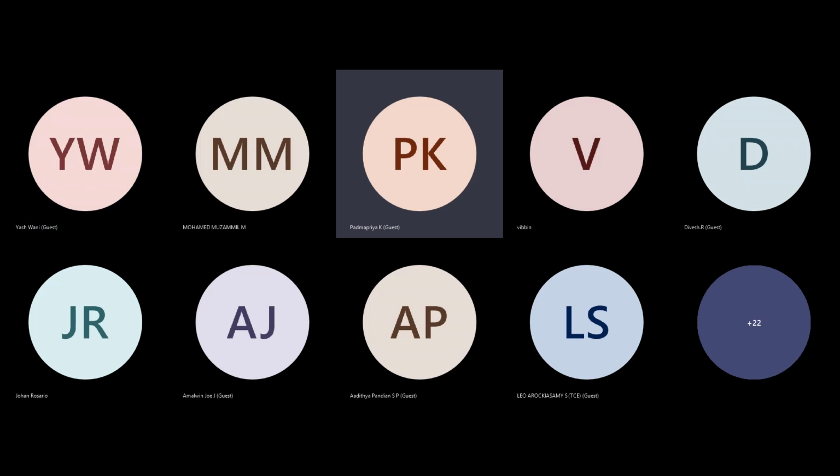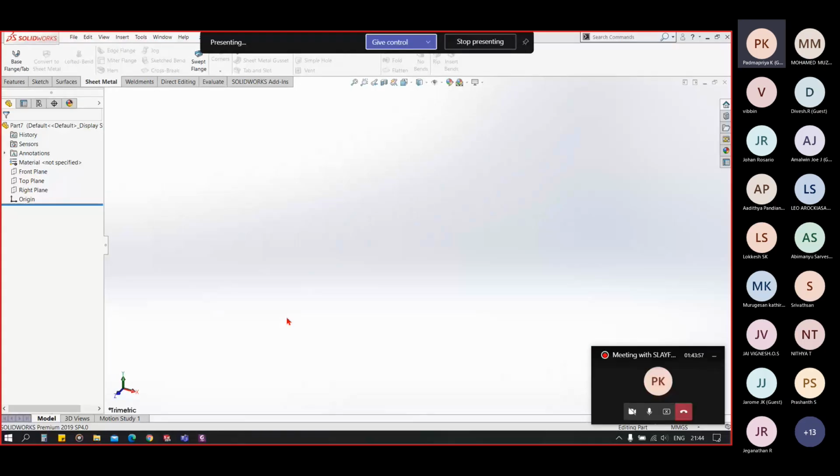So let's imagine the quadrants we use while drawing a mechanical drawing, or we used in mathematics. So we have 1, 2, 3, 4 quadrants.